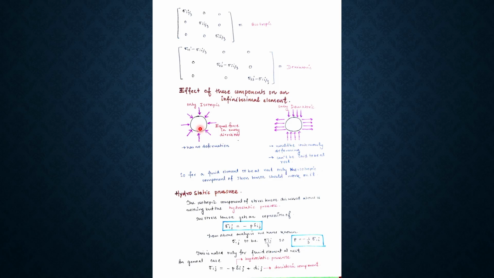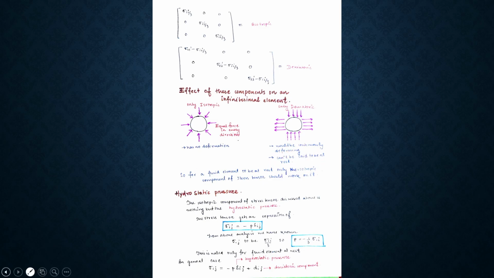And if the only force that was acting is deviatoric, the forces would act in this manner. And we can say that in this way it is getting compressed and in this way it is getting expanded. So this would be continuously deforming and it can't really be said to be at rest.